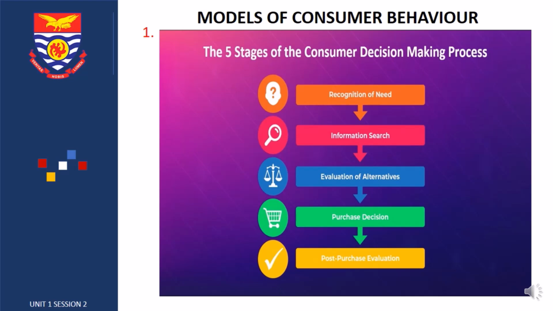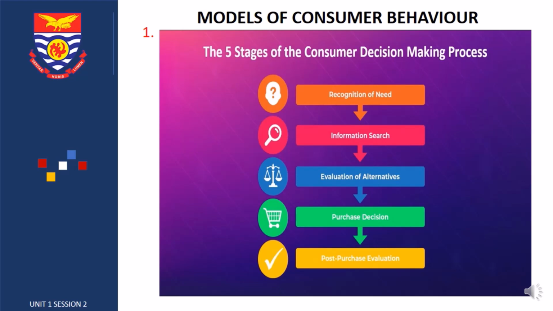With this model, the model is saying that every consumer goes through a series of stages in an attempt of buying a particular product, goods, services, time, idea, or anything that we can talk of as far as consumption is concerned. And the first process that the consumer will go through has to do with the recognition of need, or the problem identification, in other words.